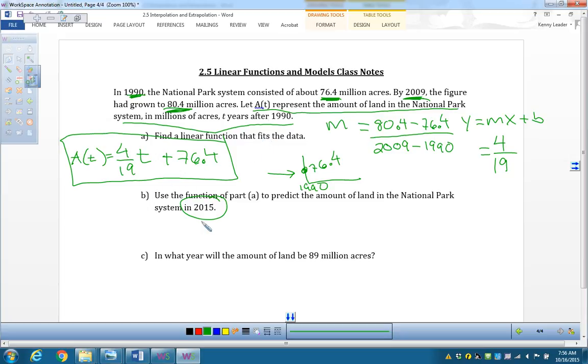So you got to be careful with that because they want years after, and so I'd plug in 25 in there. Okay? And so I get 4/19ths times 25 plus 76.4. I got the key here somewhere because I don't want to do the math. You can do that, right? And you would get about 59.85.